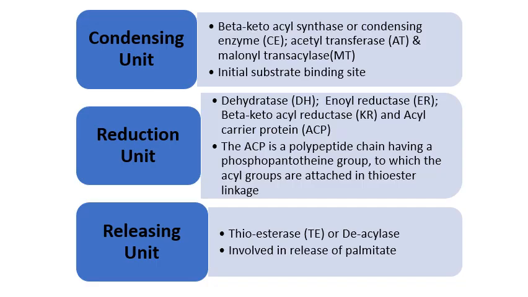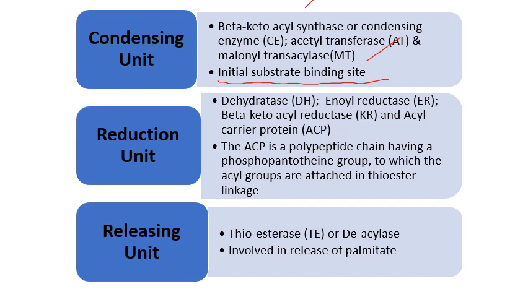Now, the individual role of these three units: condensing unit, reduction unit and releasing unit. We are already familiar with the enzymes. The condensing unit consists of three enzymes: condensing enzyme, also known as beta ketoacyl synthase, acetyl transacylase or acetyl transferase, and malonyl transacylase or malonyl transferase. This is the initial substrate binding site for fatty acid biosynthesis.